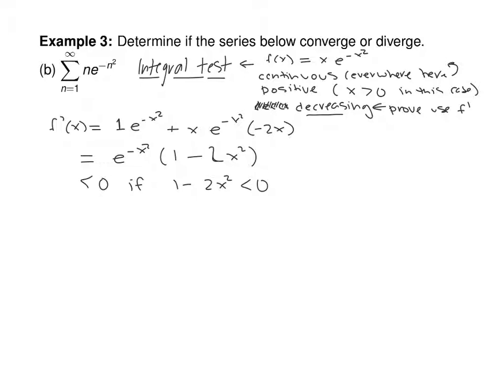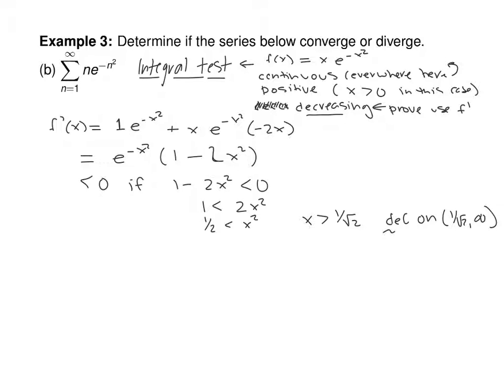That implies that 1 is less than 2x squared, a half is less than x squared, and we only care about positive x's, so for us this is true if x is bigger than 1 over root 2. So you know f is decreasing on 1 over root 2 to infinity.